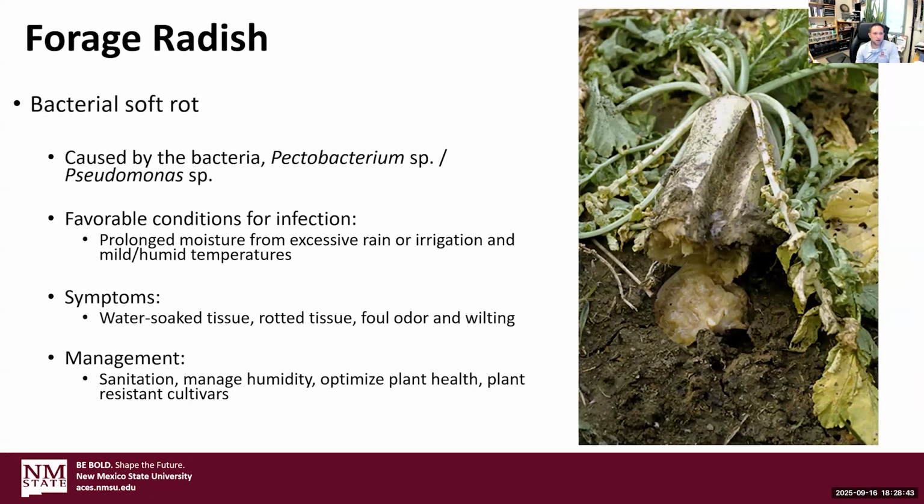Bacterial soft rot is caused by a couple of bacteria, Pectobacterium as well as Pseudomonas. With most bacterial infections, prolonged moisture, excessive rain or irrigation, and mild and humid temperatures are favorable conditions for infection. Symptoms are water-soaked tissue and rotted tissue.